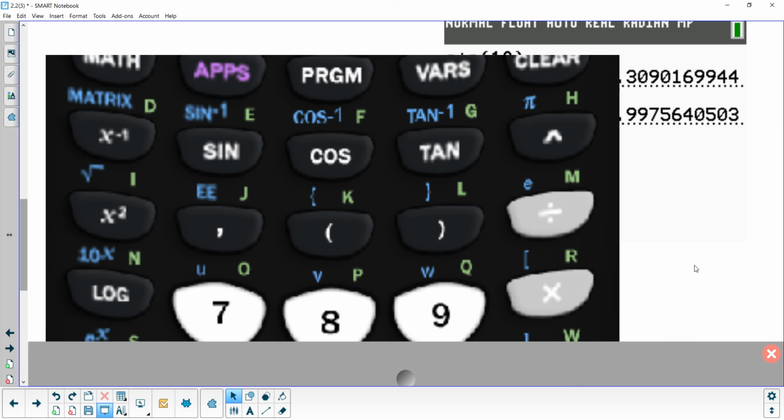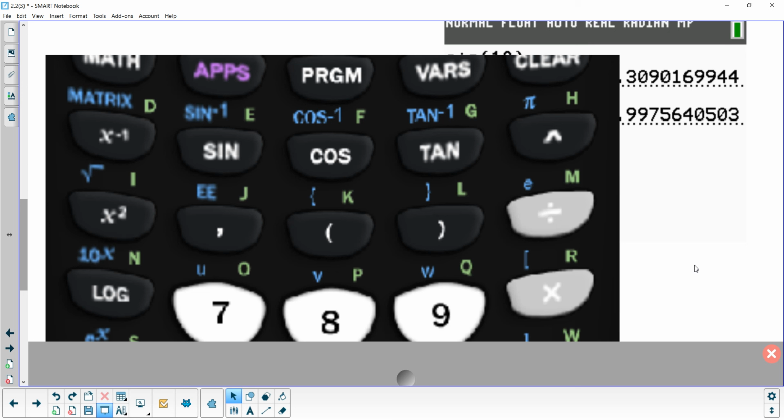Is there a button there that says CSC? Anyone else see one? No, there isn't. There's not a CSC button.